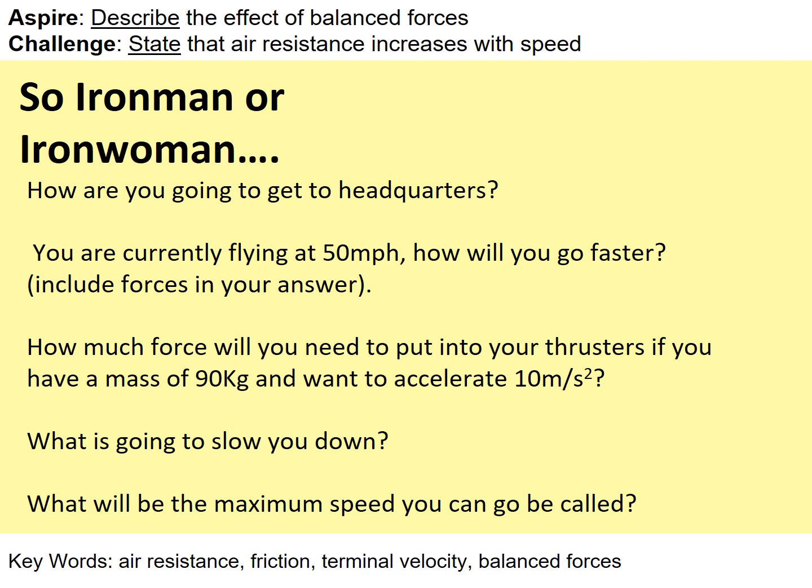What force is going to slow you down? And what is the maximum speed you can go called? I will give you 4 minutes. This sums up everything we've done in these last 3 or 4 lessons. Off you go.